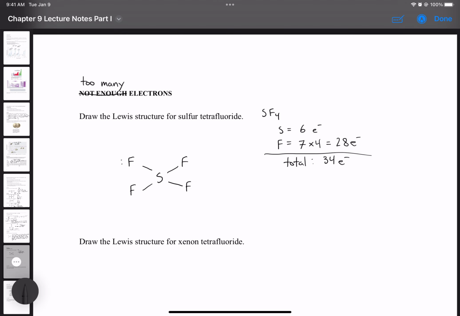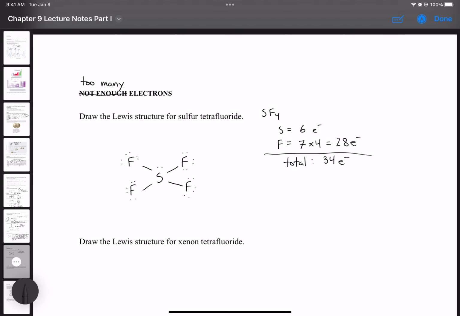So if we add electrons around fluorine here, we get 2, 4, 6, 8, 10, 12, 14, 16, 18, 20, 22, 24. But now we need to put one last lone pair somewhere, and that has to go on sulfur. So you may see here, oh, sulfur does not have an octet no more. It has more than an octet.